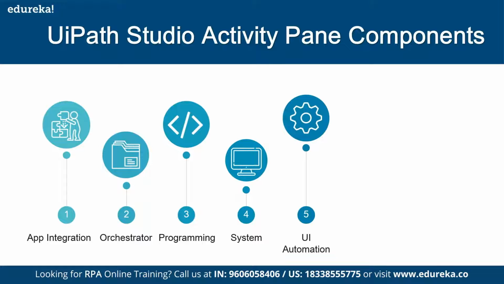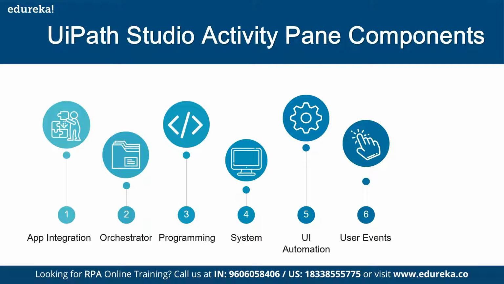And the UI automation. UI stands for user interface. It might be a desktop application or a window application. So you can automate those UIs using UiPath. This is very important. A lot of automation is dependent on user interfaces, that is desktop or web-based applications. So you can automate those using these activities.